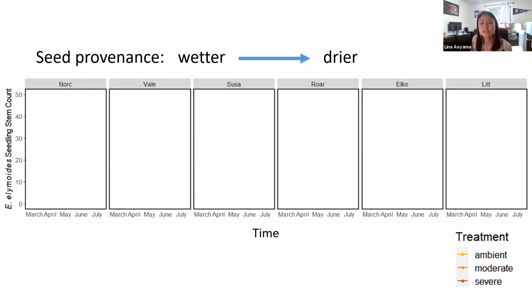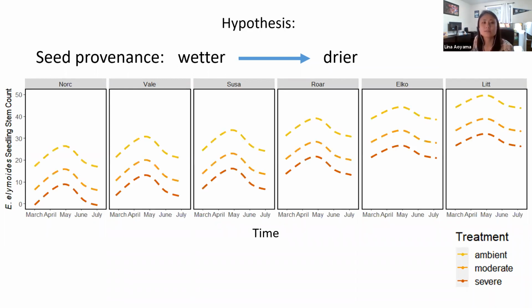Let's see how seed provenance may affect these curves. From left to right, I arranged the graphs by populations from wetter to drier locations. And I expected that seedlings from warmer and drier locations have greater survival rate in drought and seedlings from cooler and wetter locations.